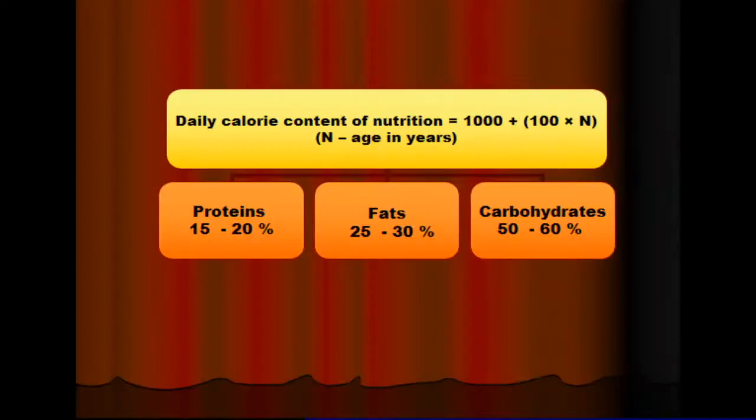Daily calorie content of nutrition equals 1000 plus open bracket 100 times age in years. This calorie content is divided between proteins, fats and carbohydrates. Protein will be 15 to 20%, fats 25 to 30%, carbohydrates 50 to 60%.